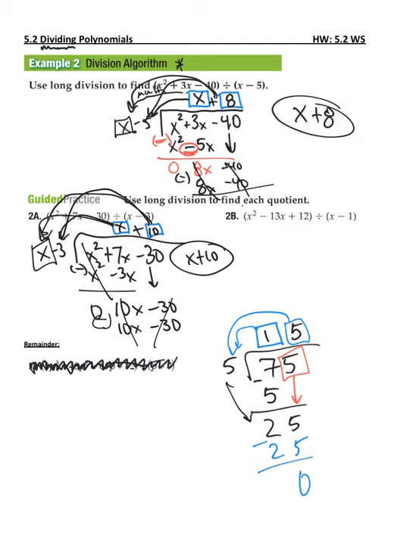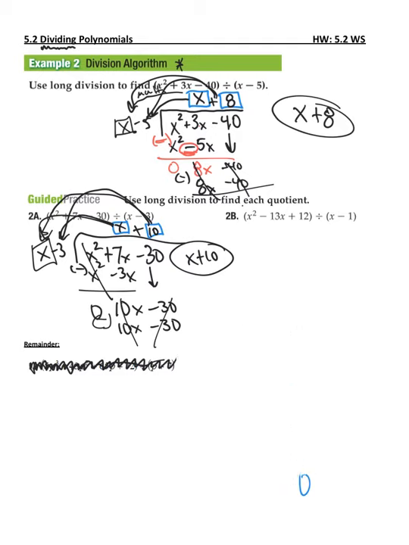Last problem here, guys, one more example. I probably do need to clean this up a little bit, get rid of our first long division problem and give myself a little more room. So we have x squared minus 13x plus 12.